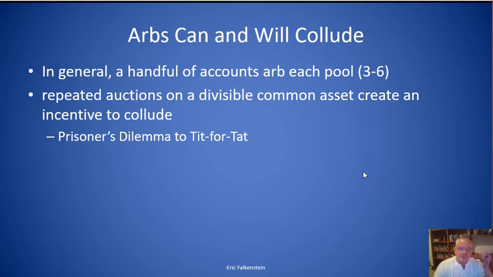We know that if you play a repeated game, and arbing is a repeated game, you've got 6 players, whatever, and they're all arbing the same thing. And they don't want to be stuck in the prisoner's dilemma, where you're stuck in the bad equilibrium, where everyone loses. You want to get to the good equilibrium. And tit for tat, Robert Axelrod's done work on this.